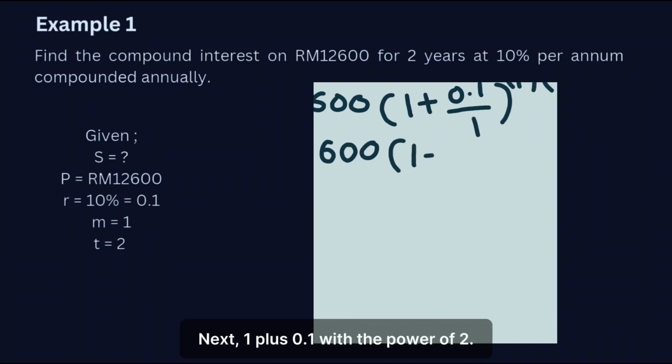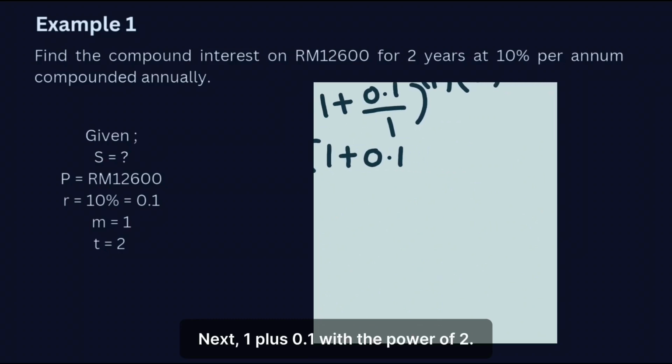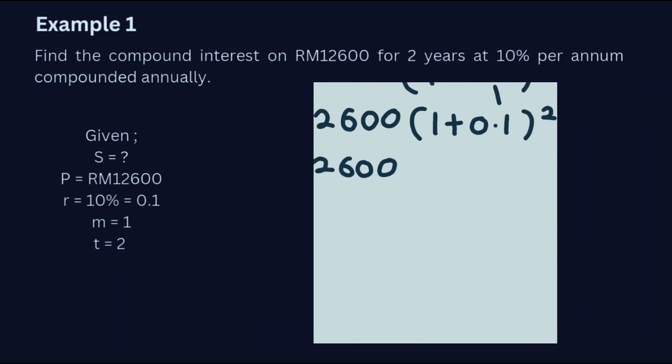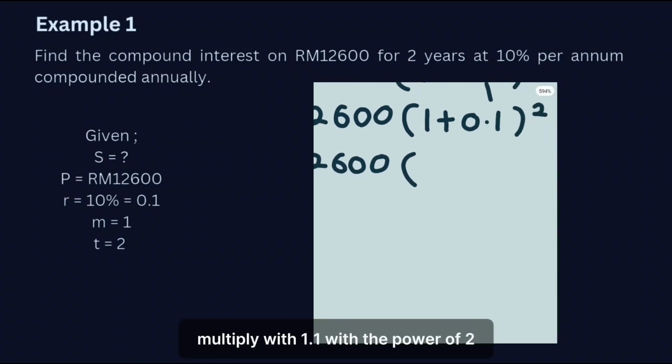Next, 1 plus 0.1 with the power of 2. After that, 12,600 multiplied by 1.1 with the power of 2.